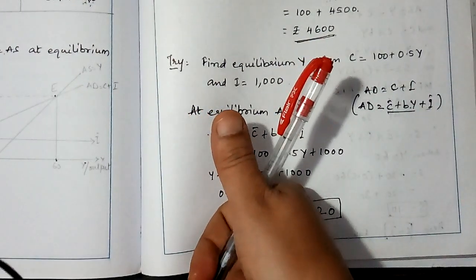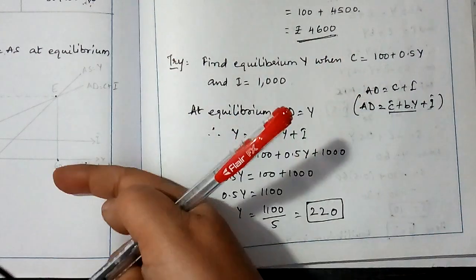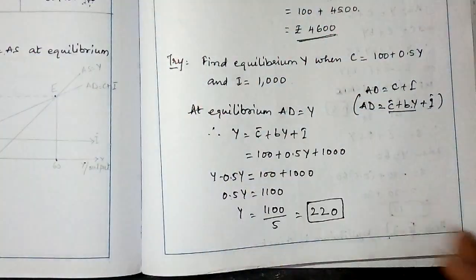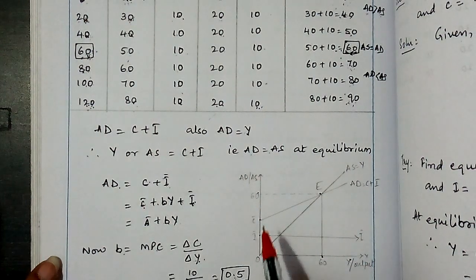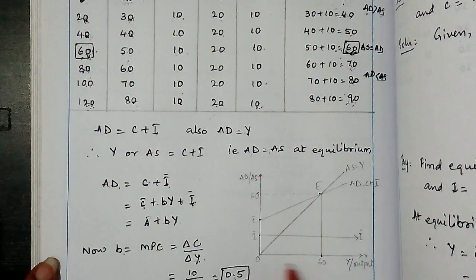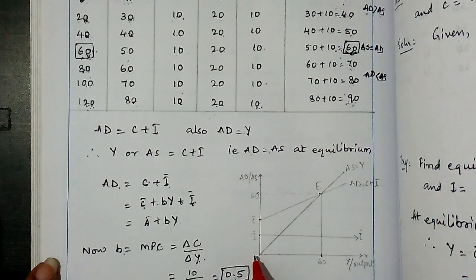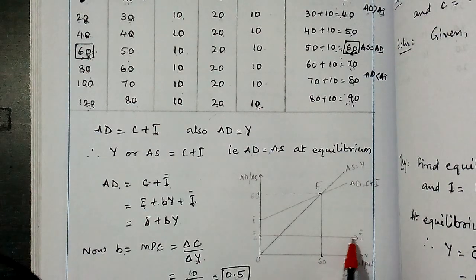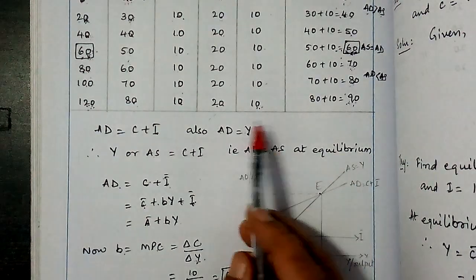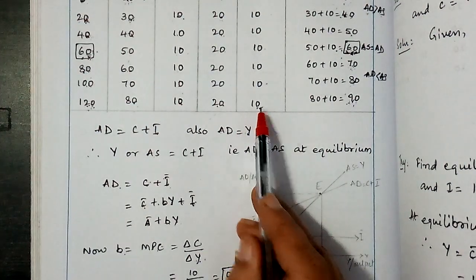Now I would also like to explain it in the form of a graph for better understanding of the schedule. When we plot income and output on the x-axis and AD and AS on the y-axis, this is the autonomous investment that we saw, which is parallel to the x-axis, since autonomous investment is 10.